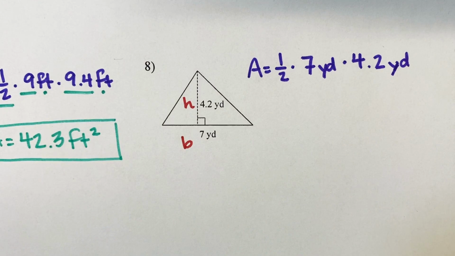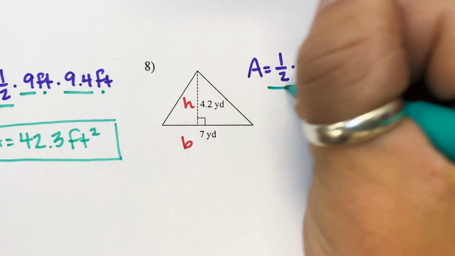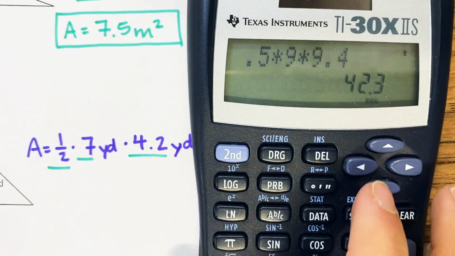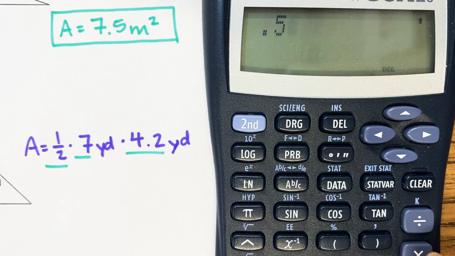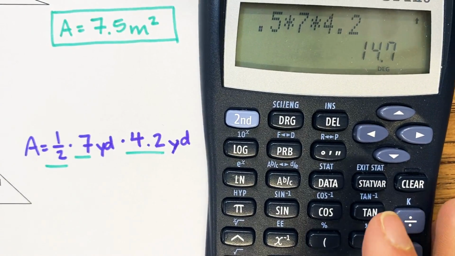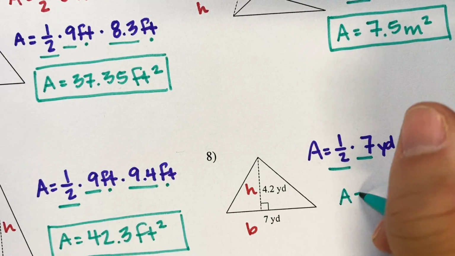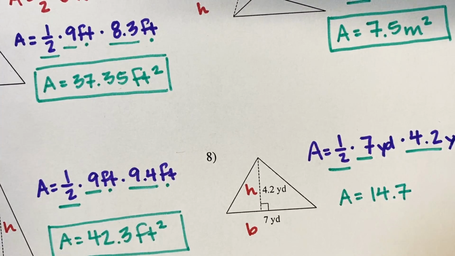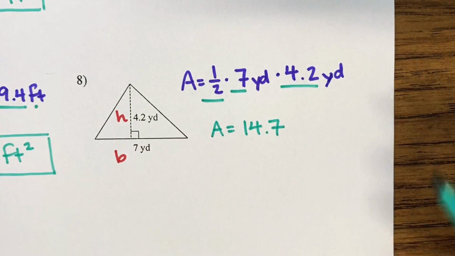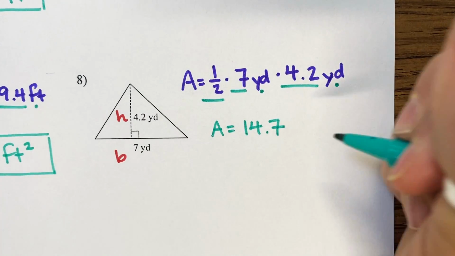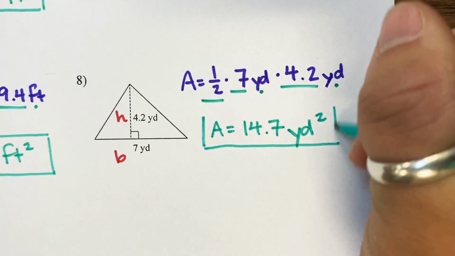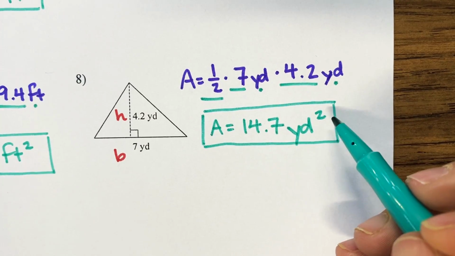And now we can multiply this. 1/2 times 7 times 4.2. Plug it in my calculator. 0.5 times 7 times 4.2. And I get 14.7. So the area is 14.7. Whoops. What are my units? I multiplied yards times yards. So I get yards squared. With area, remember it always has to be units squared.